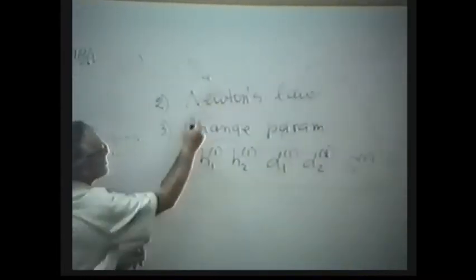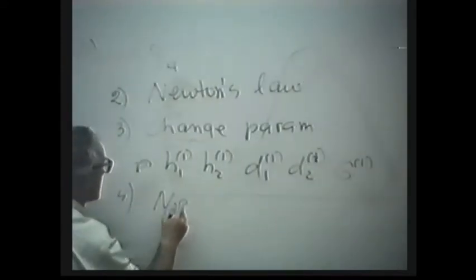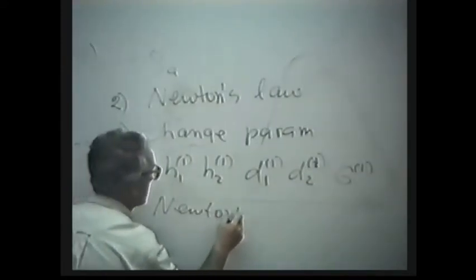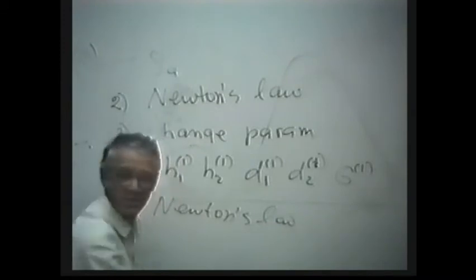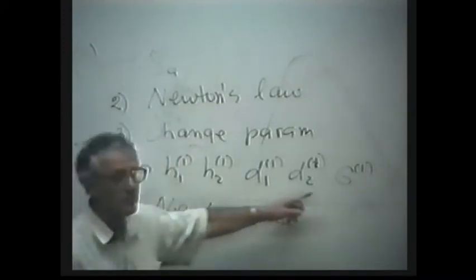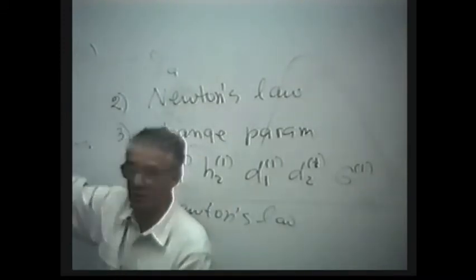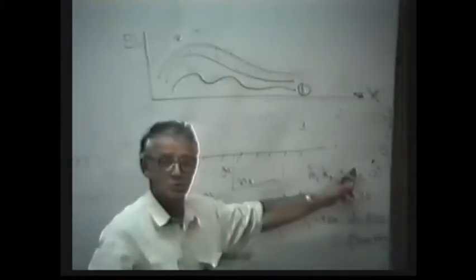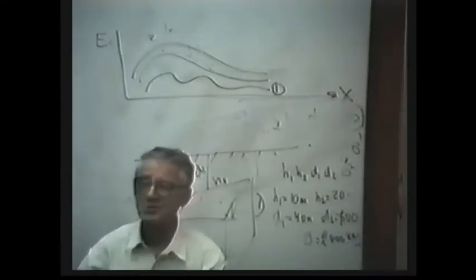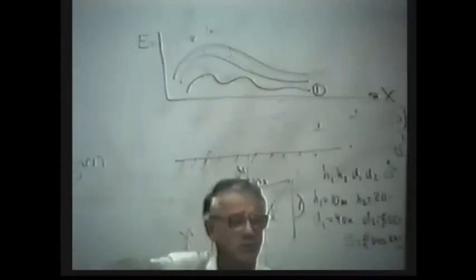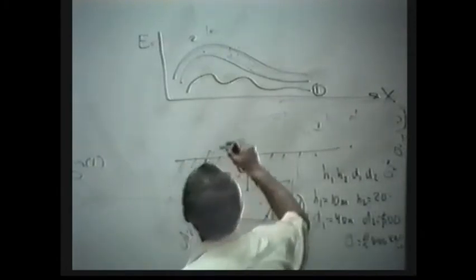So step number 4, again Newton's law, again the solution of the forward problem. Everybody understands? But now these parameters are put in here, not the geological ones. Now the scenario which I already showed, let me show it again.